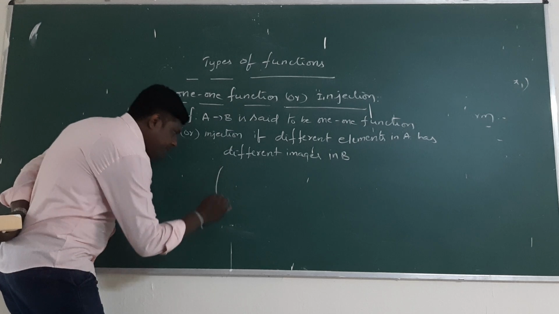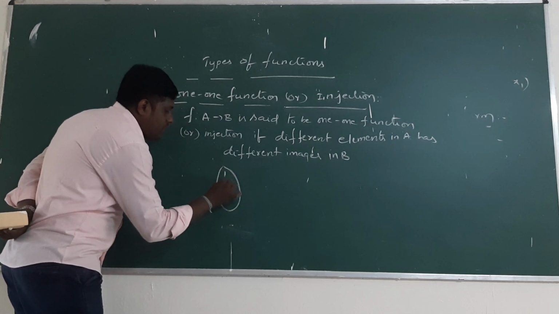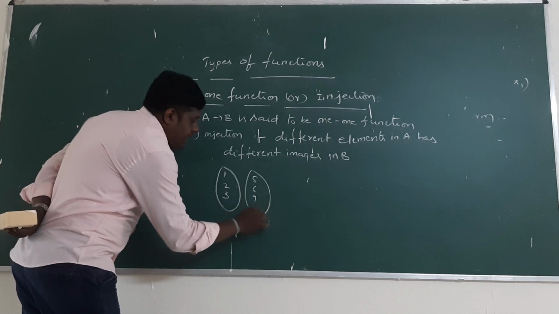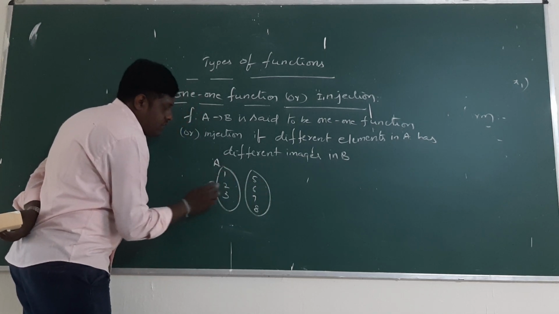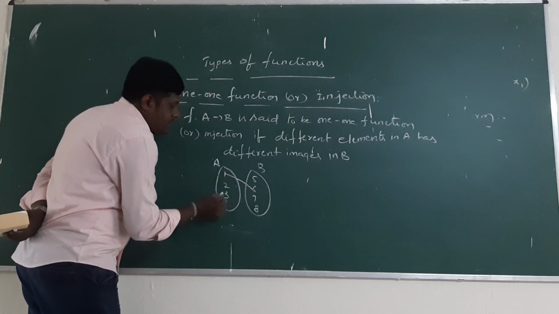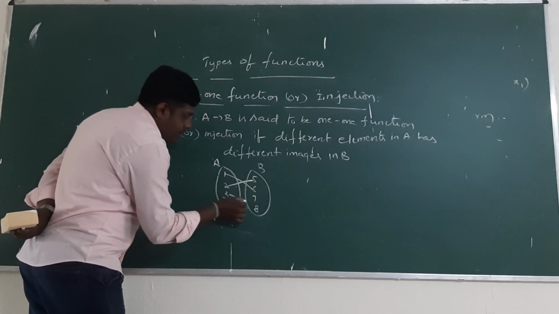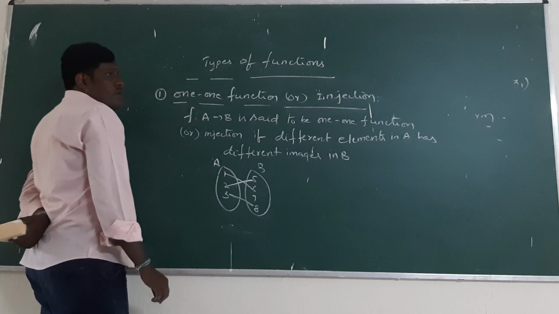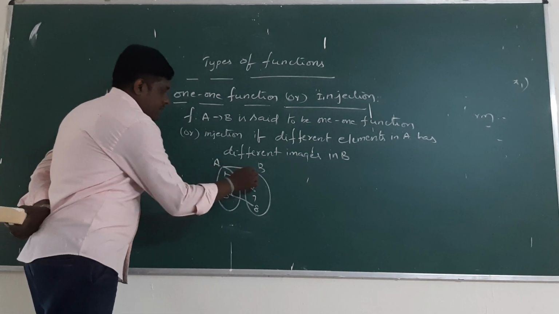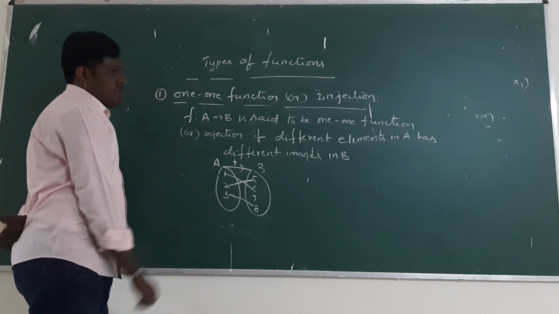And see here, A contains 1, 2, 3. B contains 5, 6, 7, 8. 1 is mapping with 6, 2 is mapping with 5, 3 is mapping with 8. First, you have to check, is it a function or not? It is a function.